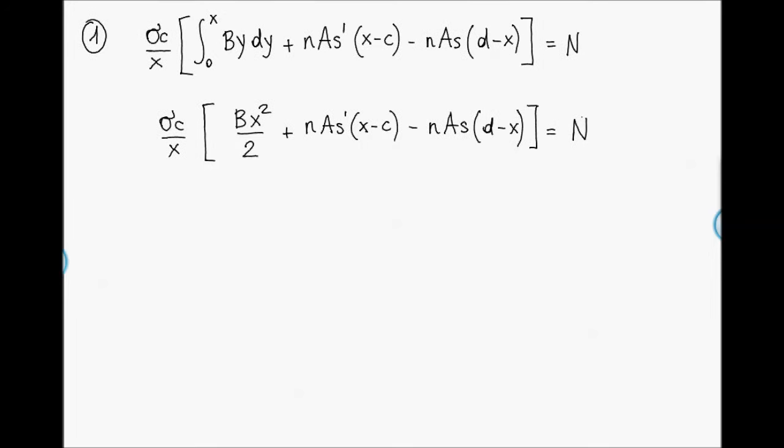That is sigma c over x by Sni equal to N. And in this expression, Sni, which is the term in the parentheses, is the static moment of the homogenized resistant cross-section.